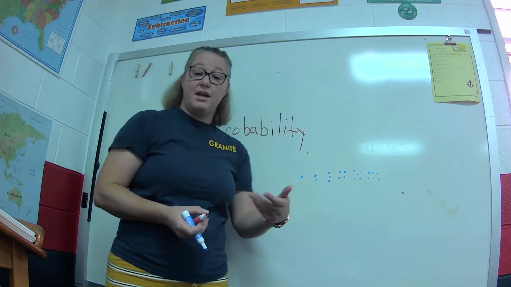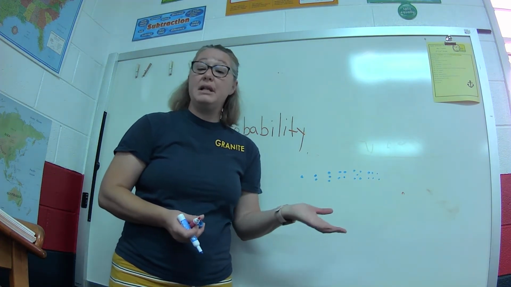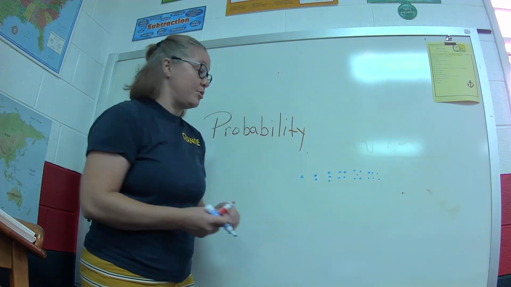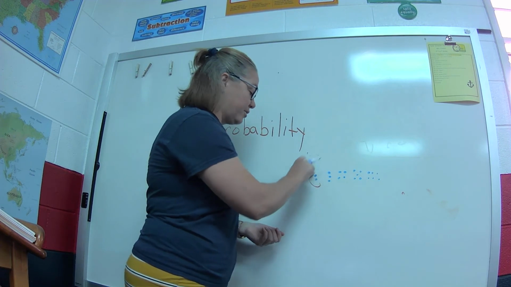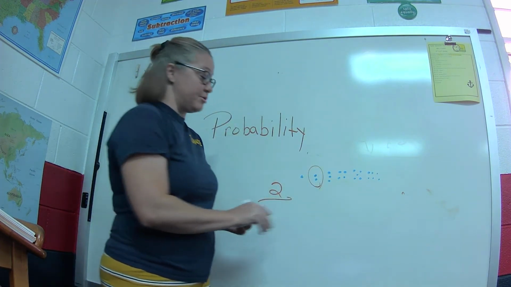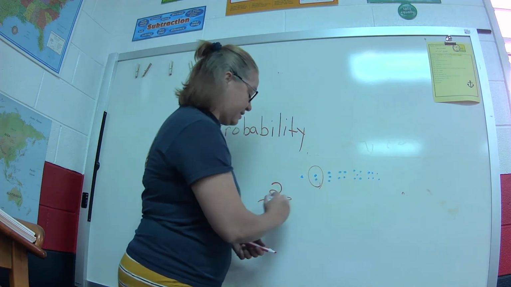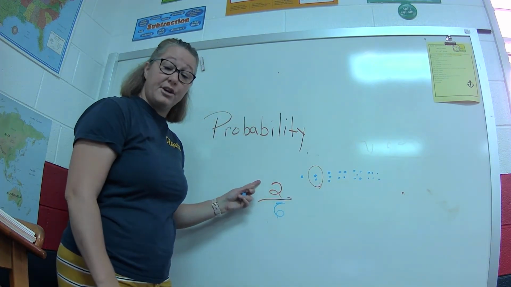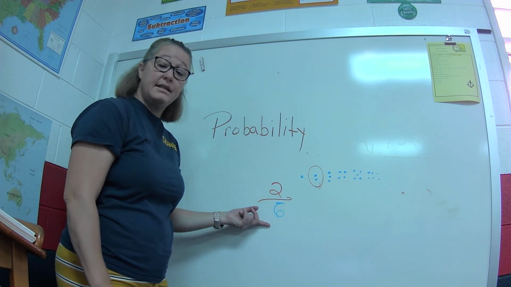You're rolling your die. What's the probability that you'll land on a 2? Well, how many 2s do you have? You only have one 2, but you have how many numbers? 1, 2, 3, 4, 5, 6. So your probability of landing on a 2 is 1 out of 6 times.